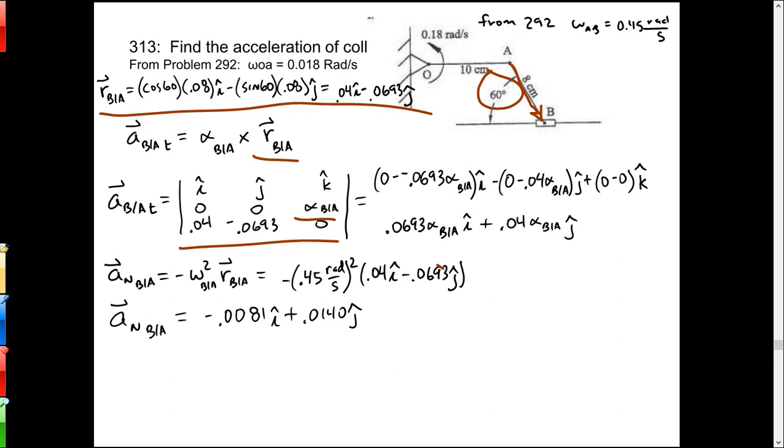I've got that formula right on your formula sheet, or whatever way you do that is fine. And then you also find the normal acceleration by taking negative omega squared times that position vector. So you just factor in negative 0.45 squared times the position vector. And that'll get you the normal acceleration.